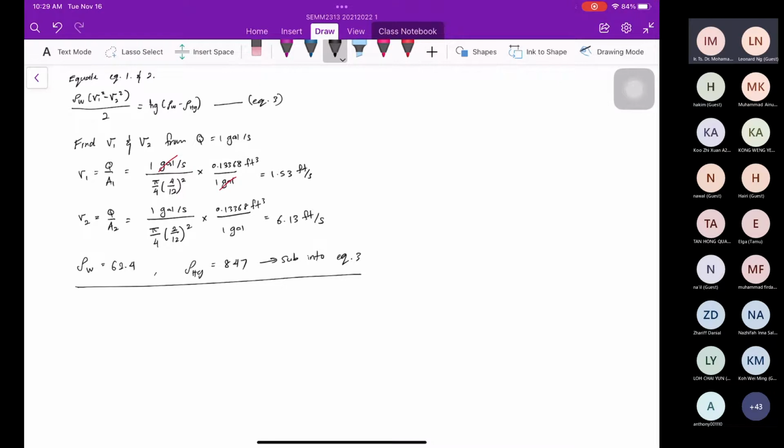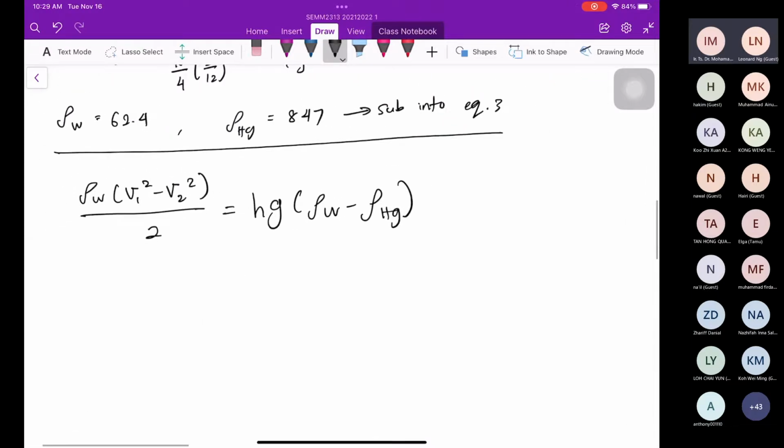So from this one, rho of water, V1 squared minus V2 squared over 2 equal to H gravity, rho of water minus rho of mercury.